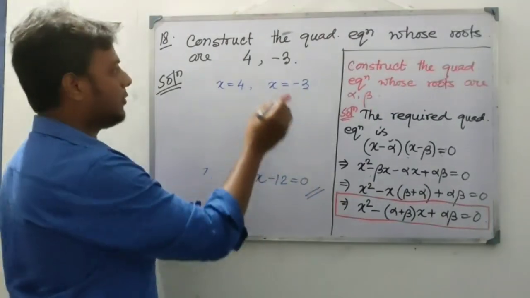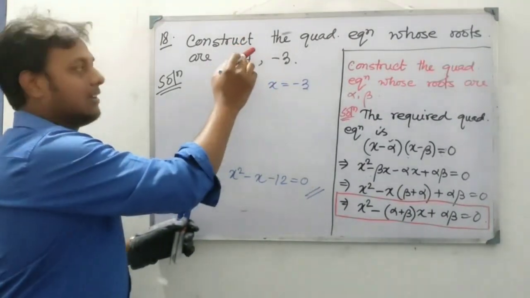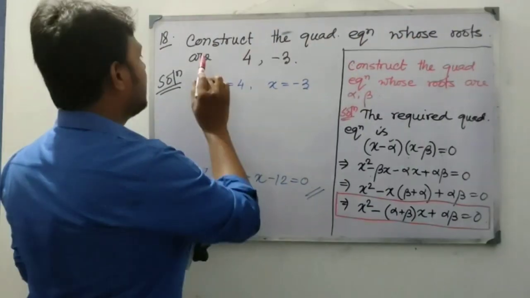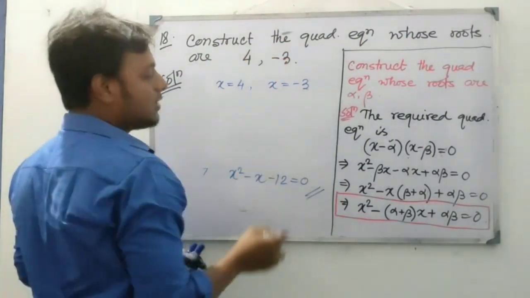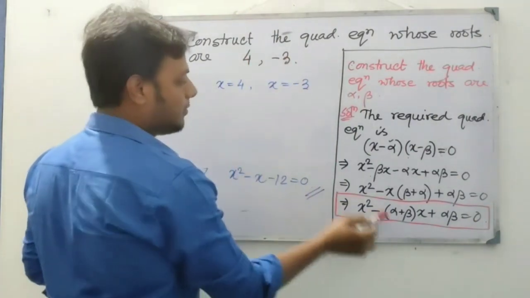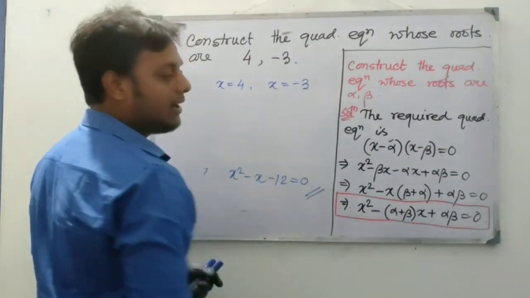Suppose the question came that construct the quadratic equation whose roots are 4 and minus 3. So here alpha means 4 and beta means minus 3. Just put alpha equals to 4 and beta equals to minus 3 in this line, then you get the direct answer.